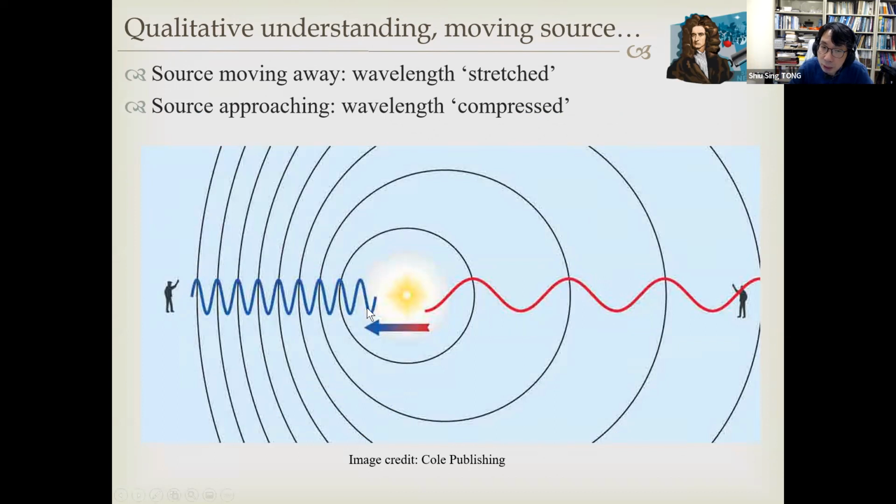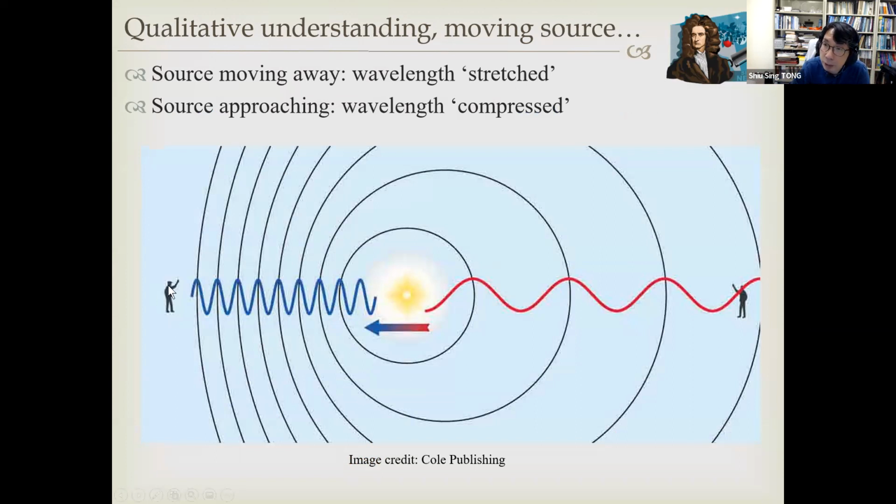A person facing the direction of the motion of the source will find that the wave he receives gets compressed, because the source is moving in that direction, right? So the adjacent waves get compressed by the motion of the source.